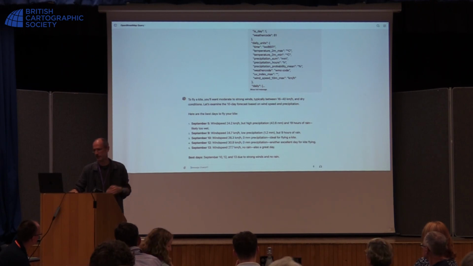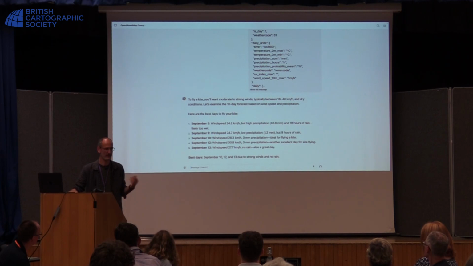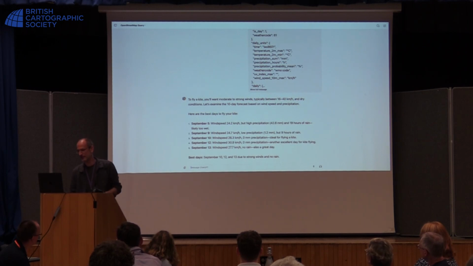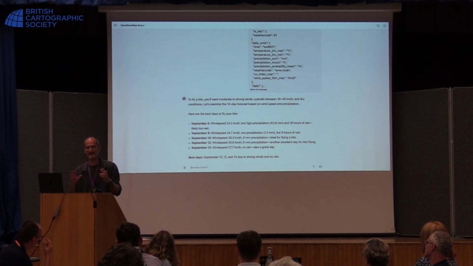So now it's given me some options with different wind speeds, and given its knowledge of when's best to fly a kite, it's saying September the 10th, 12th, and 13th, because they've all got strong winds and no rain. But I might have some domain knowledge about my kite, right? So that's quite a generic answer with the current data and a relevant, sensible answer.